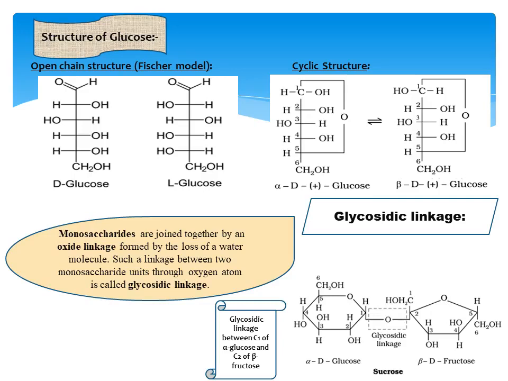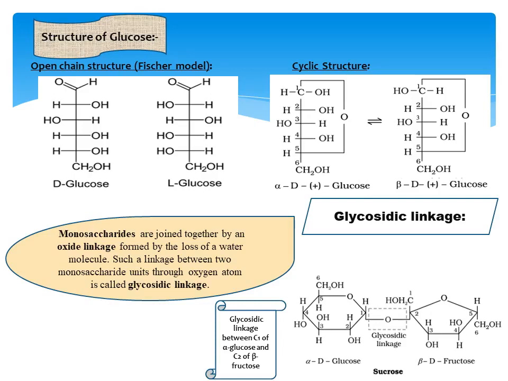On the other hand, the beta form has a slightly higher melting point of 423 Kelvin, and is obtained by crystallization from a hot and saturated aqueous solution at 371 Kelvin.